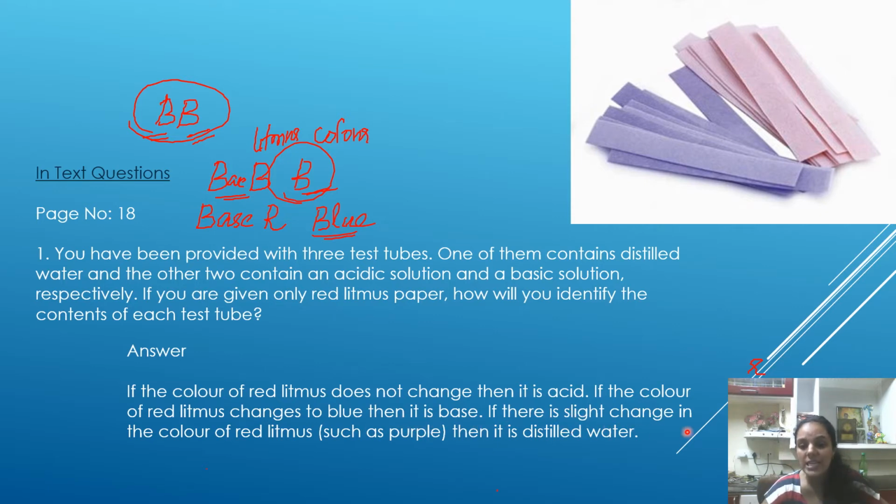And if there is a slight change in the color of the red litmus, such as purple, that is just because of the wetting process, then it is distilled water. Clear. So that is the correct inference of the activity depicted on page number 18, the in-text question. And from this we can move into our chapter, acids and bases.